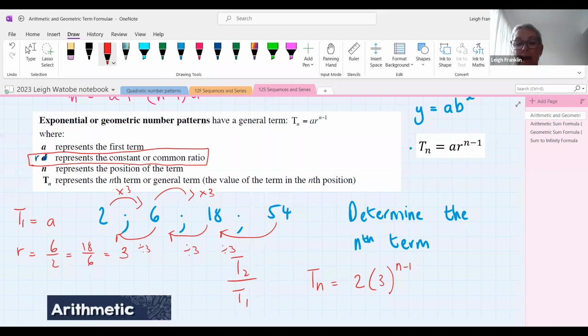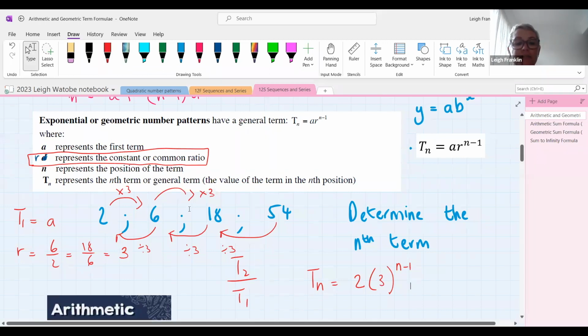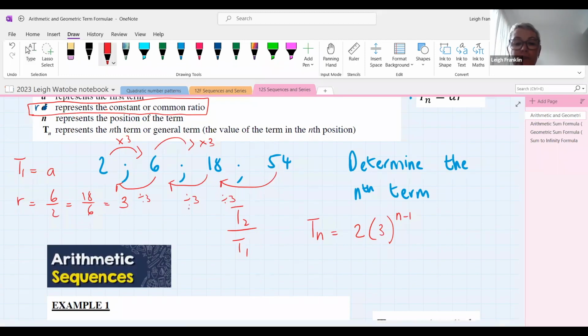If I do this, is this okay? What if I go, so therefore Tn equals 6 to the n minus 1? Is that okay? Am I allowed to do that? No, I'm not. If I do that, I'm wrong.